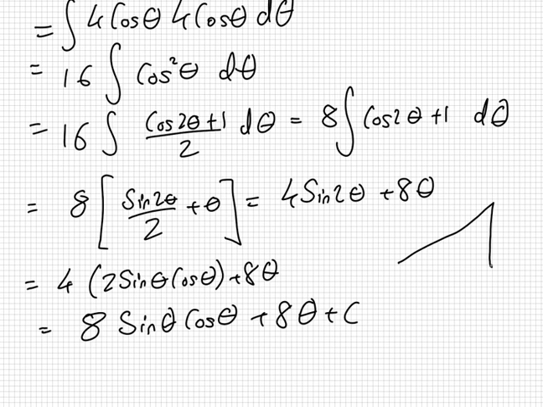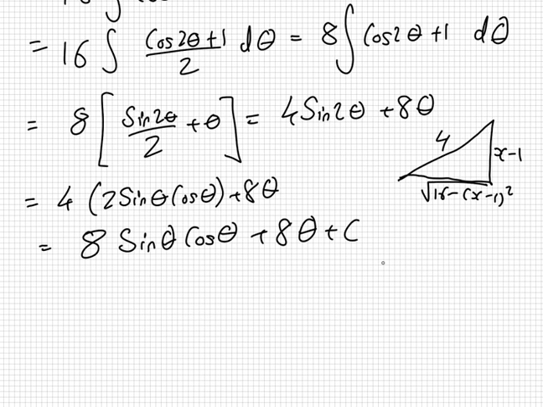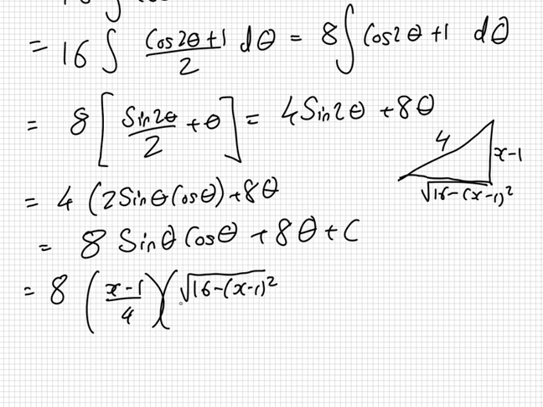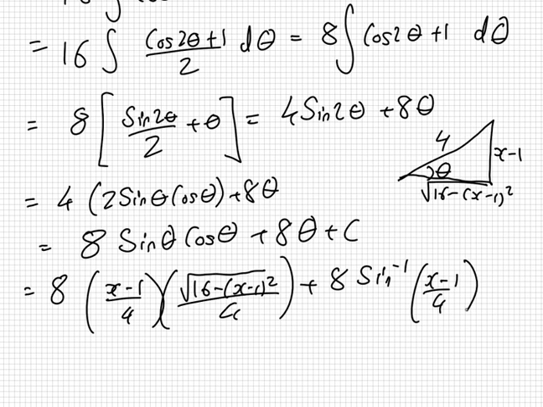Now I can find the sine and the cos from my triangle. This is x minus 1, this is 4, and then this is square root of 16 minus (x minus 1) squared. So sine theta is x minus 1 over 4. Cos theta is square root of 16 minus (x minus 1) squared over 4. And theta is sine inverse of (x minus 1) over 4 plus c.